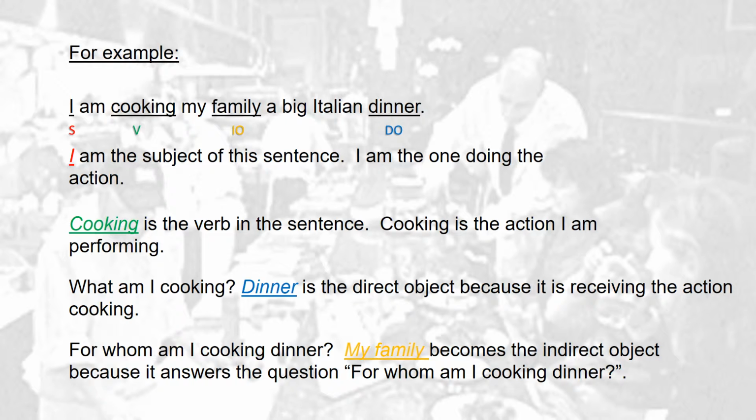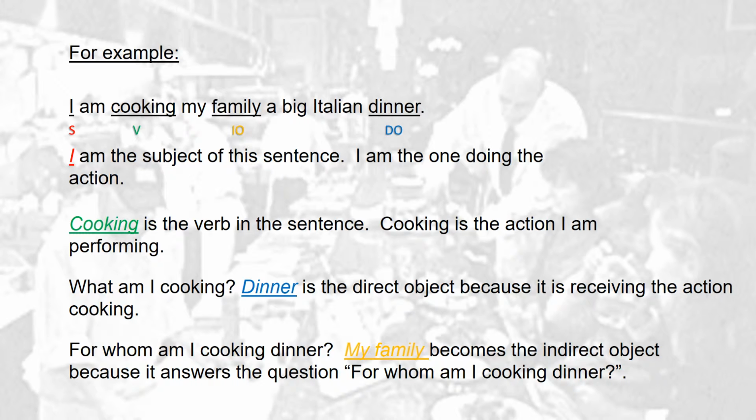Well, let's find the direct object first. The direct object we know is going to be a noun, and it's also going to come after the verb, the action in the sentence. So, using that logic, we are going to look for a noun that comes after the word cooking. Let's take a look and see what we have. Well, the first word after the verb is family. I am cooking my family.